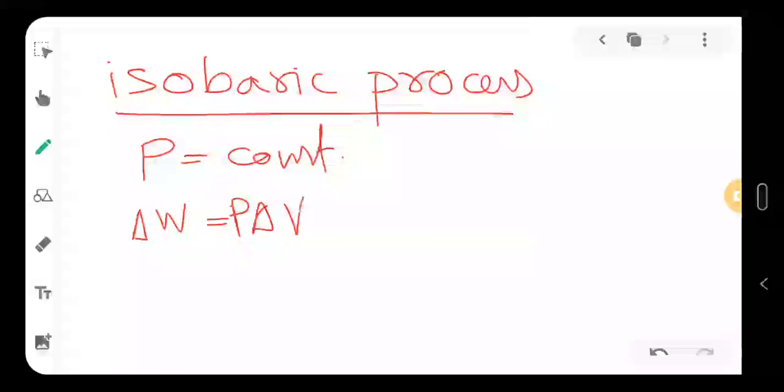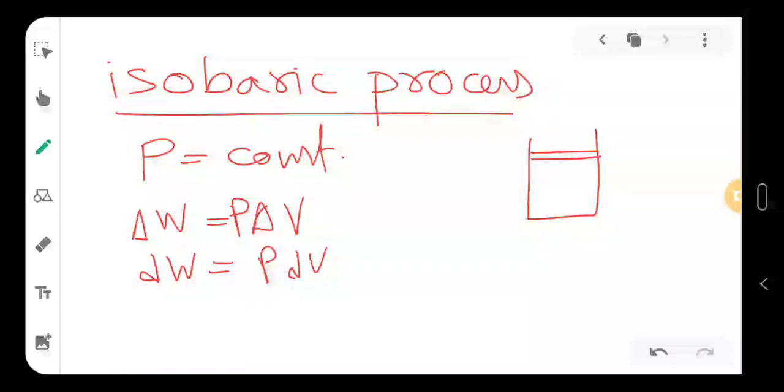So here we can always write in differential form dW is P dV. If I have a system of gas in some sort of piston mechanism, and there is a slight change in volume dV, then the work done is dW.